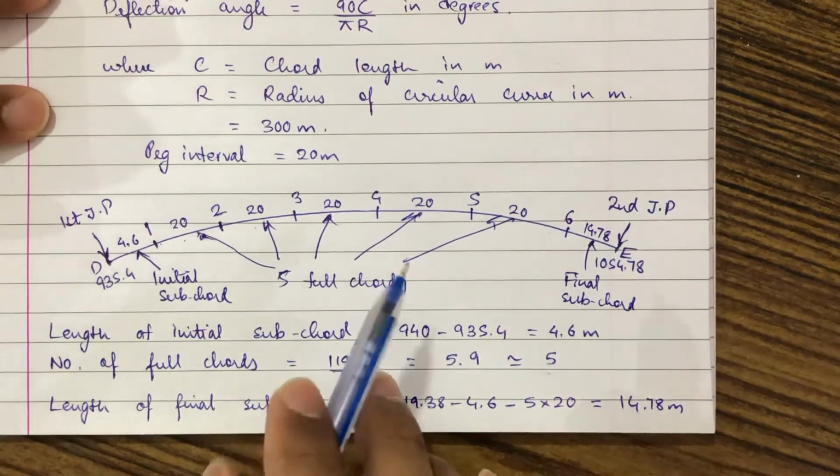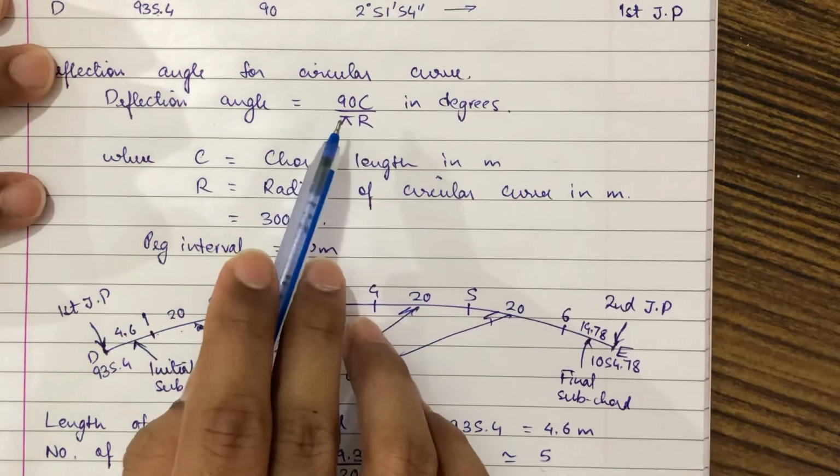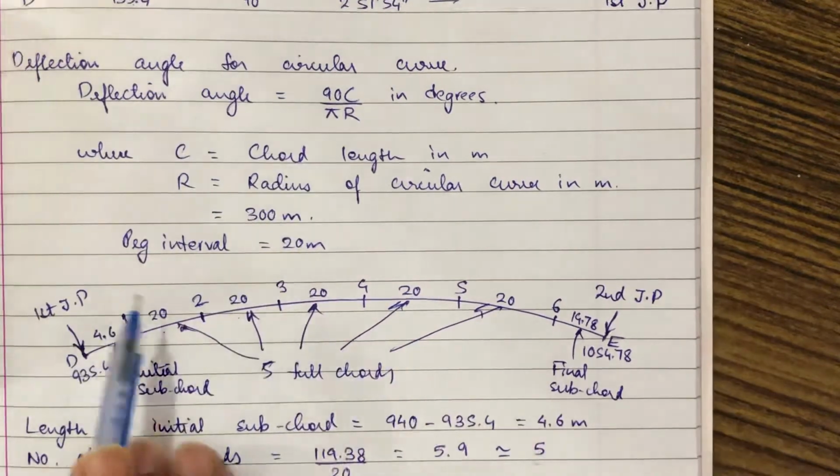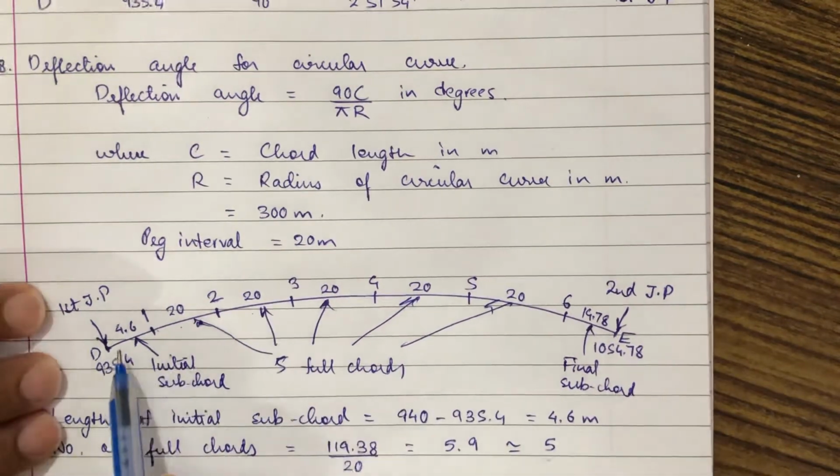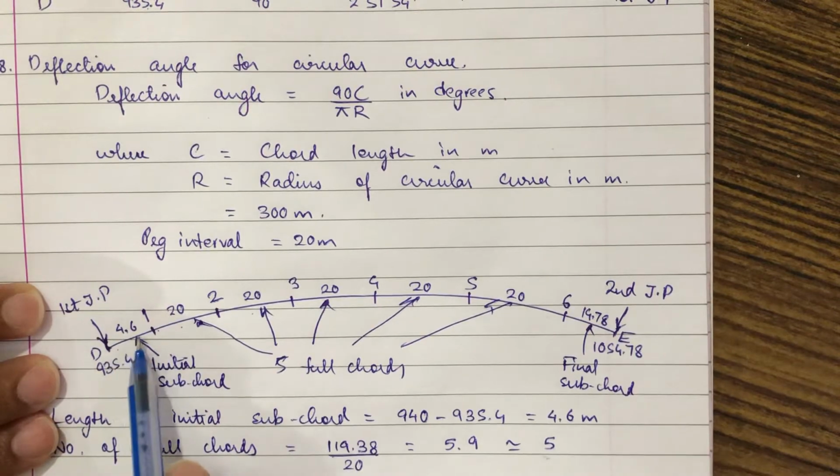So we need to find the deflection angle for each of these. Deflection angle for the first point, which has a chord length of 4.6.